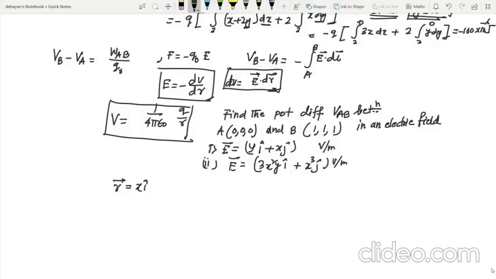Since it is a dot product, only i dot i and j dot j survive, so it is y dx plus x dy, and the other terms will be 0. Mathematically, that is the formula of d of xy.